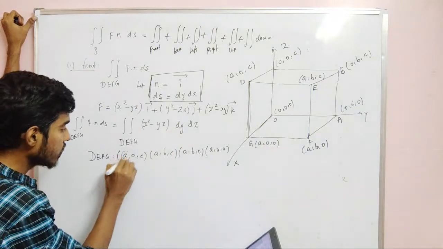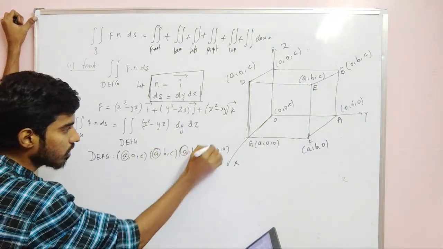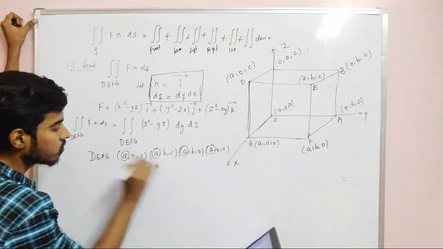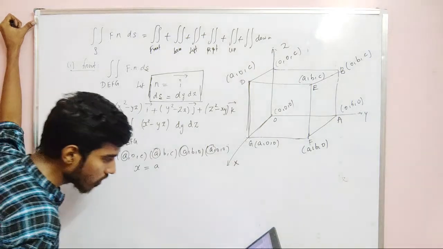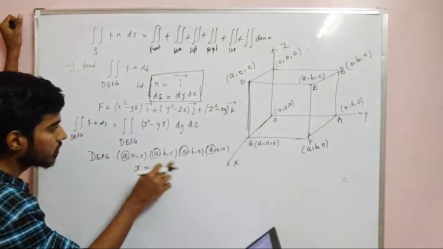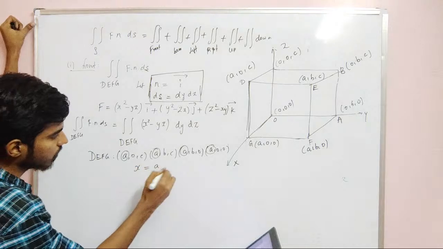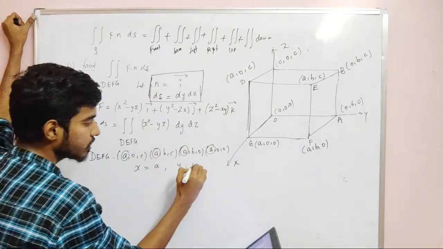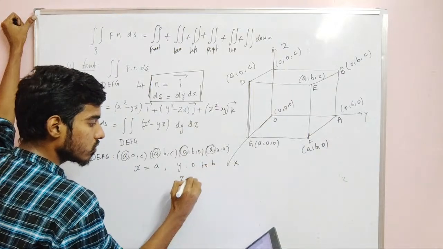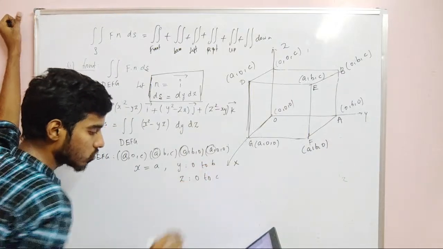You can see x is constant for all. So x is equal to a, and you can just vary y and z. We know y varies from 0 to b, and we know z varies from 0 to c.